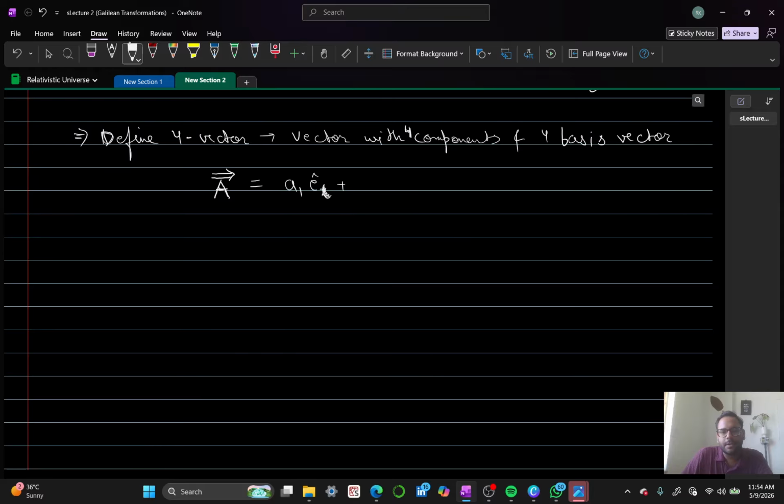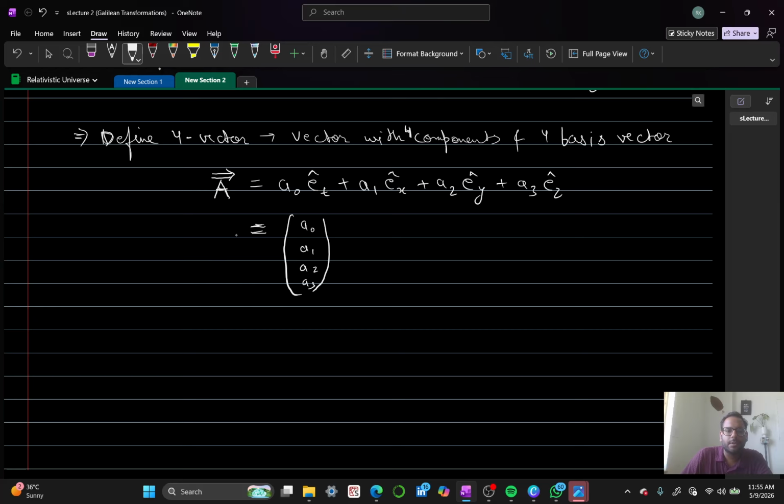This is my t component, and let me write this component with 0. This is my t component plus a1 with the x component plus a2 with the y component plus a3 with the z component. You can also write it in matrix form as a column vector: a0, a1, a2, and a3.